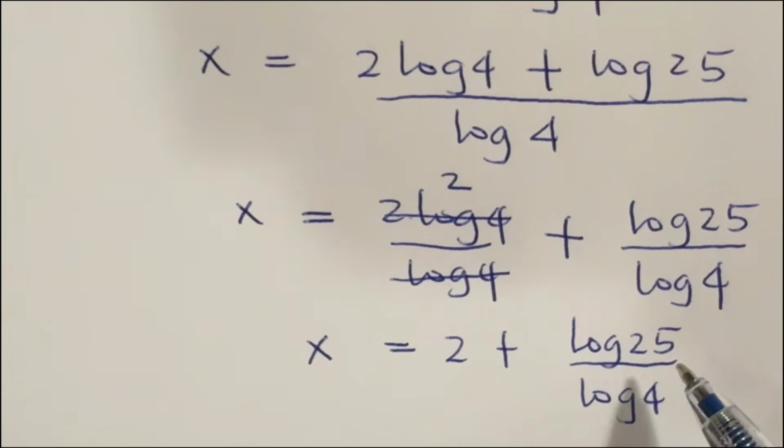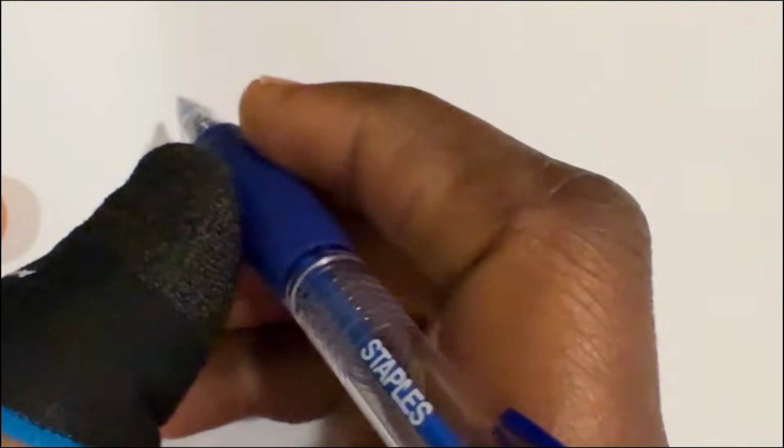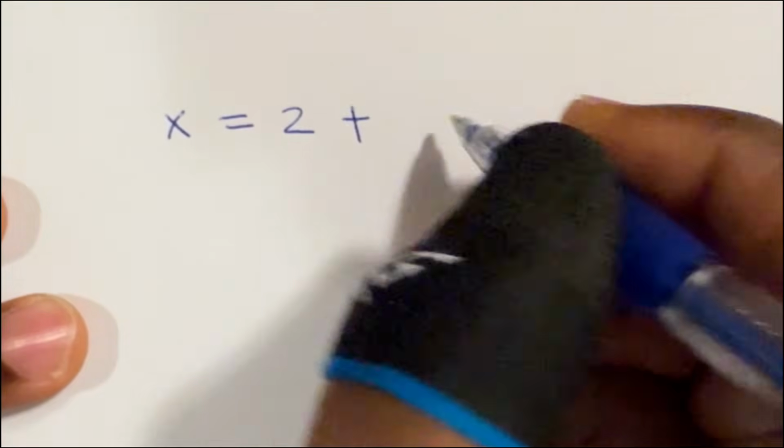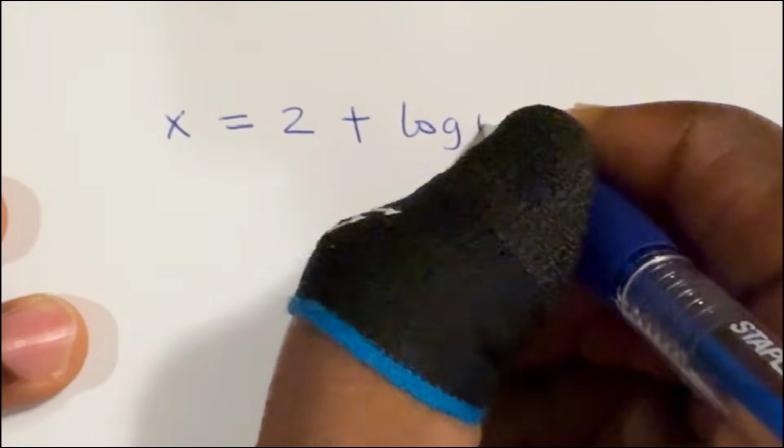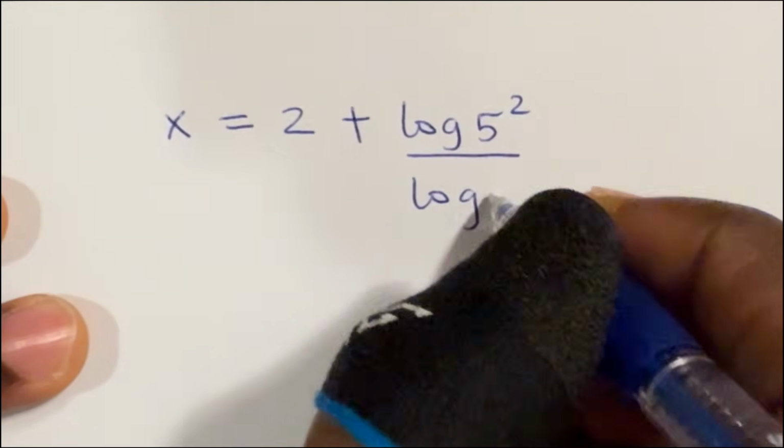25 here can be written as 5 squared, and 4 here can be written as 2 squared. So I have x is equal to 2 plus log 5 squared divided by log 2 squared.